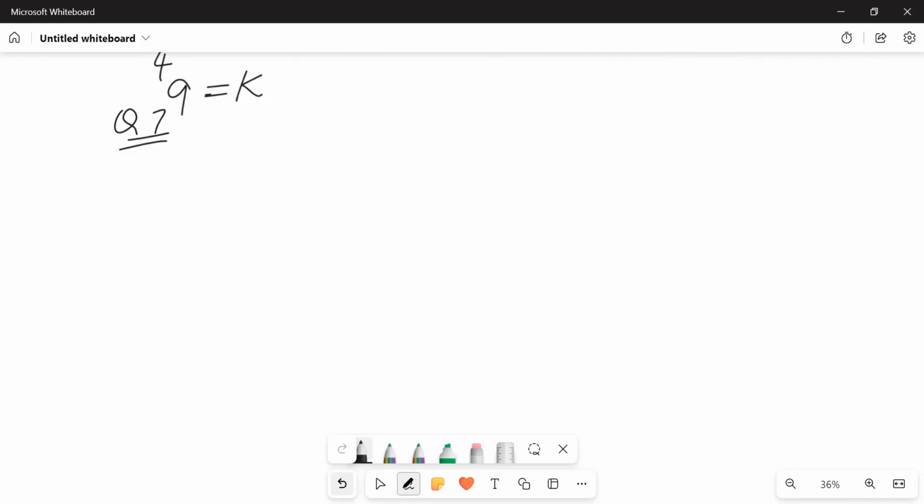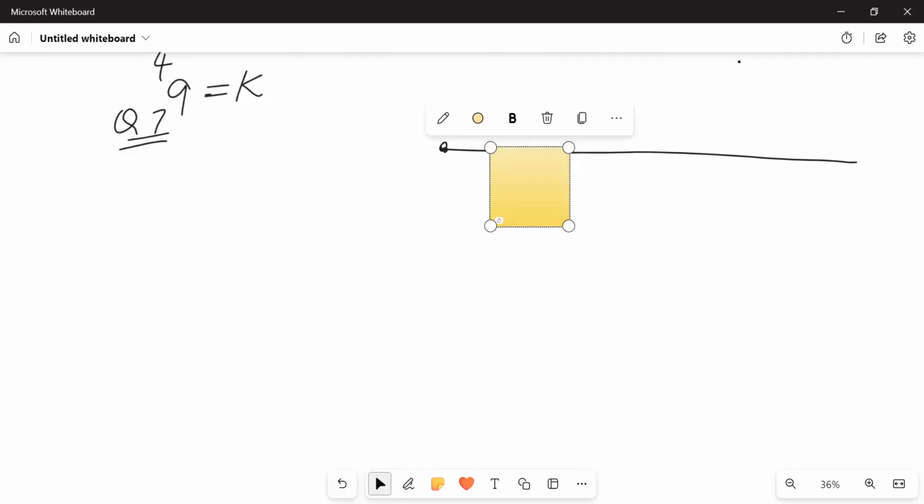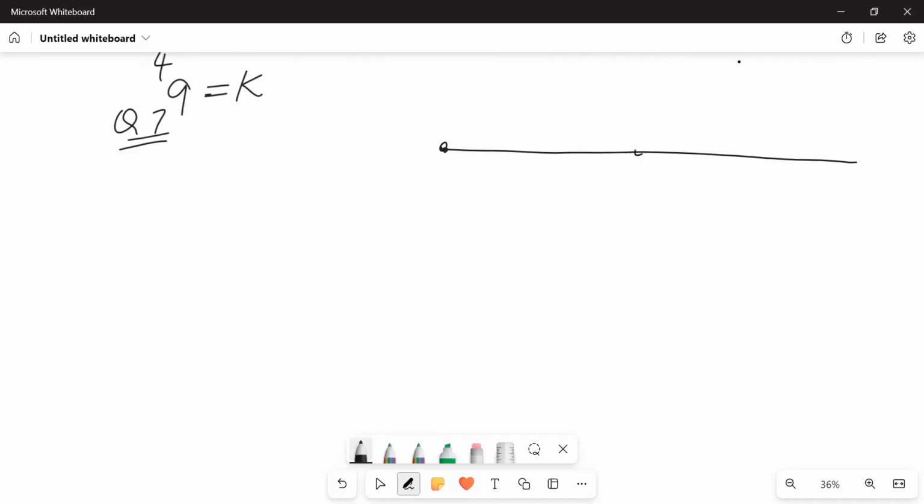If they lie on the straight line, I will write here: this is P, this is Q, and this is R. So P point is 2, -3, Q point is 3, -2, and R point is 8 and Z. They are collinear, they lie on the straight line.